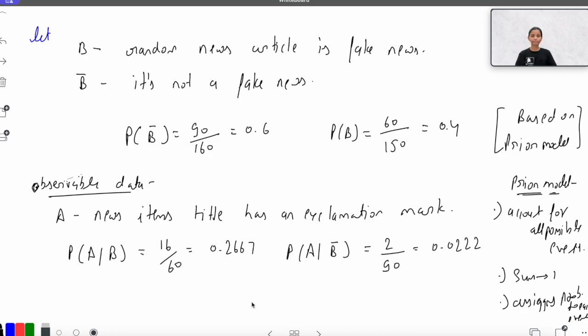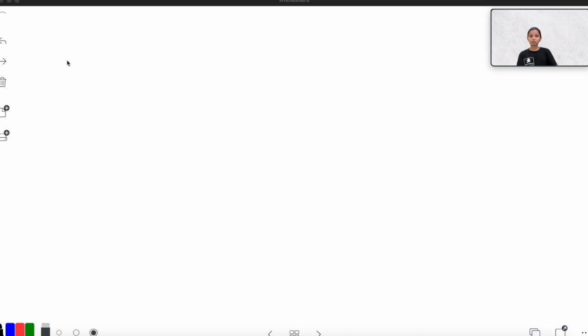Now, A is my observed data, that articles have an exclamation mark. So this is my event A, that the article is having an exclamation point. It can have the exclamation point when it is fake news and when it is real news.